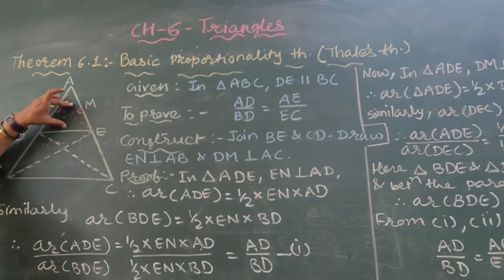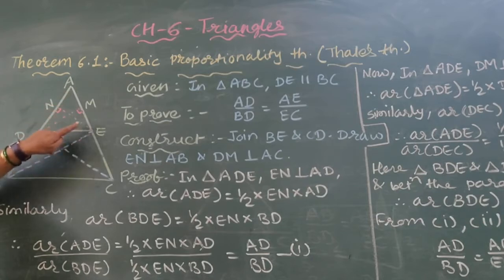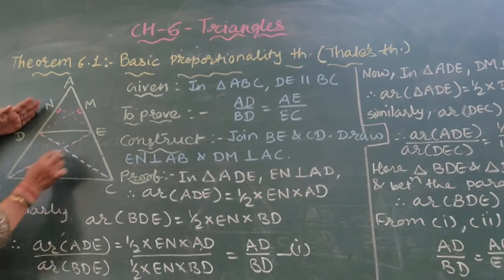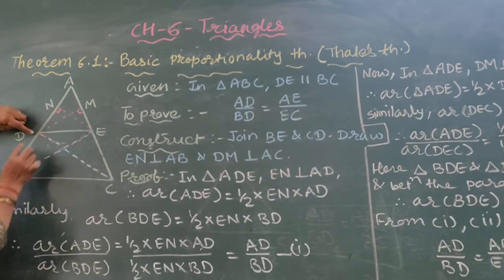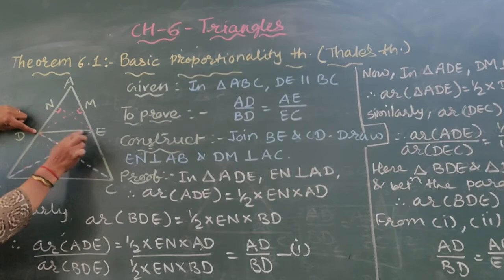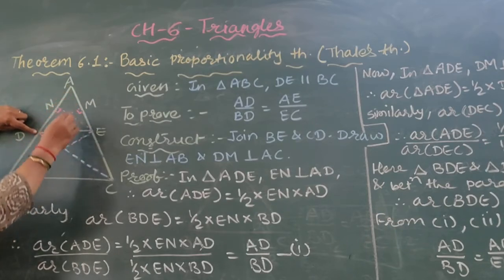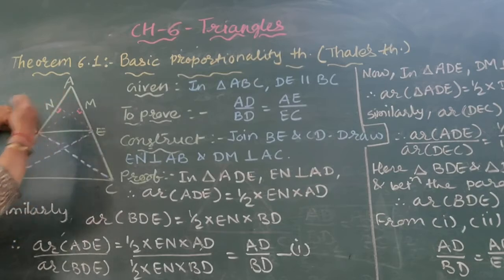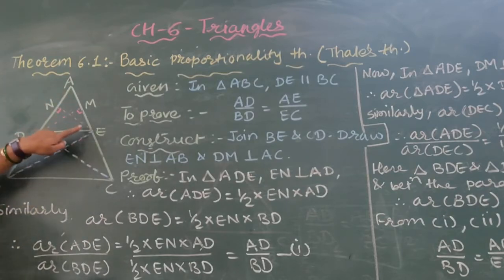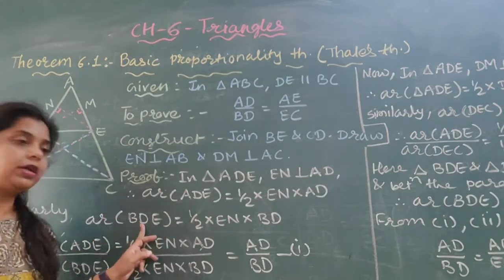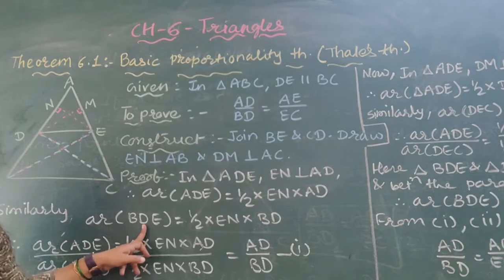See, for triangle ADE the altitude is inside the triangle, but for triangle BDE, which has the same base DE, the altitude is outside the triangle. So half into EN into BD is the formula to find the area of BDE.